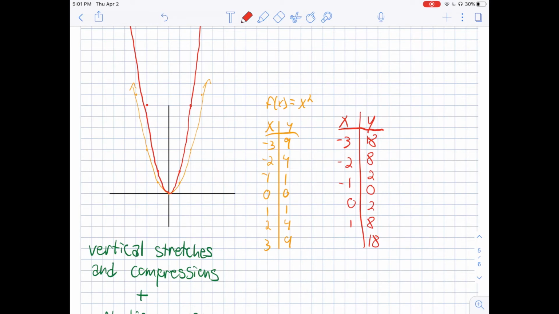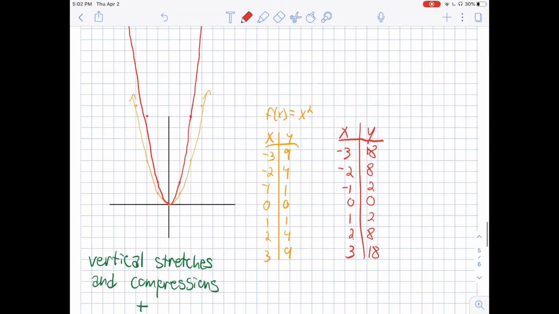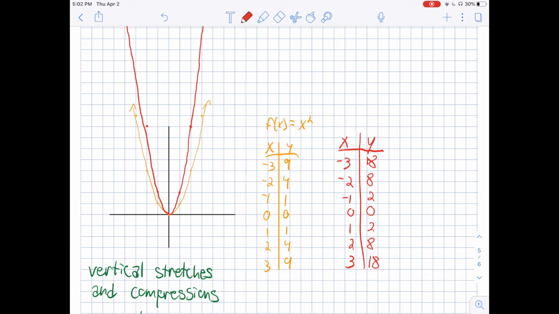My bad, I got ahead of myself. So there's our XY table for this. And all we did here was we took our y values and multiplied them by 2. So our y values are equivalent to our f of x, which is equivalent to x squared.